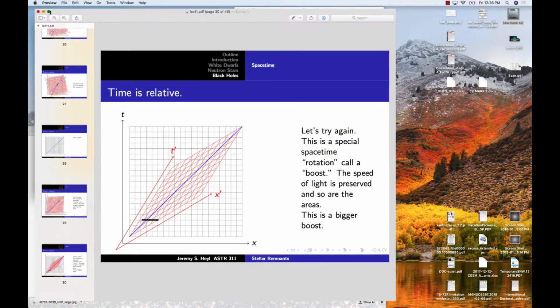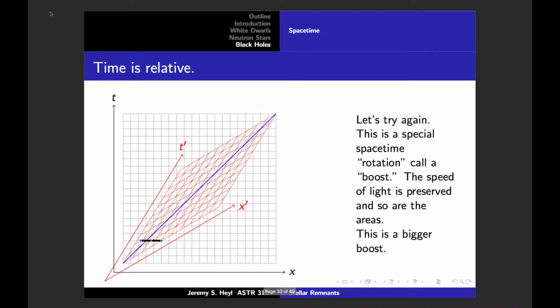All right, so that black line, those are two events. It connects two events. And for the guy who's not moving, they happened at the exact same time. The one on the left happened at the same time as the one on the right. Now, if we look at the red, the guy who's moving, from his point of view, the one on the left happens after the one on the right.